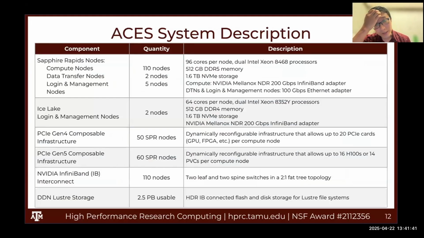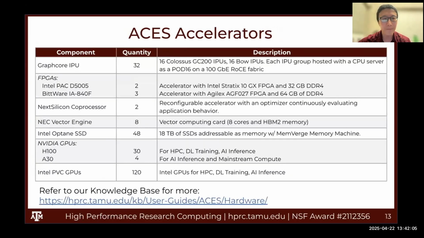This shows a summary of the system that I just mentioned. As I mentioned, it has a lot of computing power. For more detail about these individual systems, you can watch the ACES tutorial videos as well as other online videos that HPRC has been offering. We had short courses about these systems a while back.